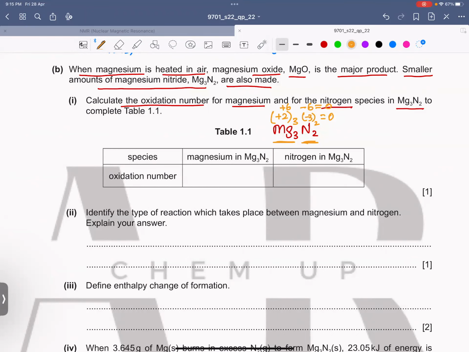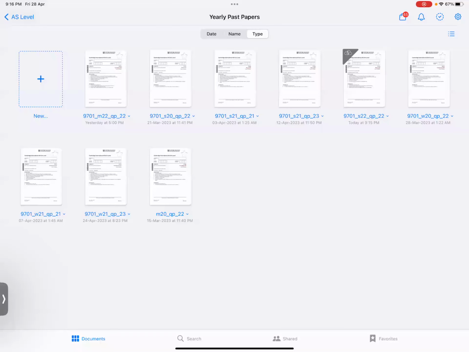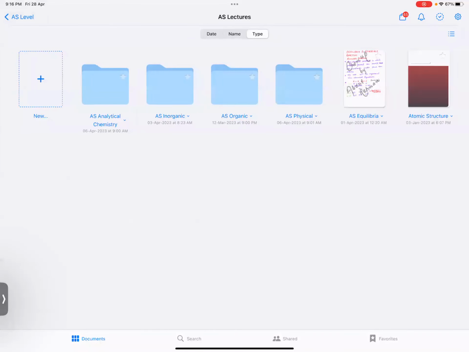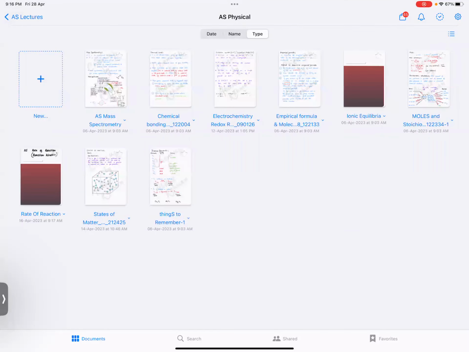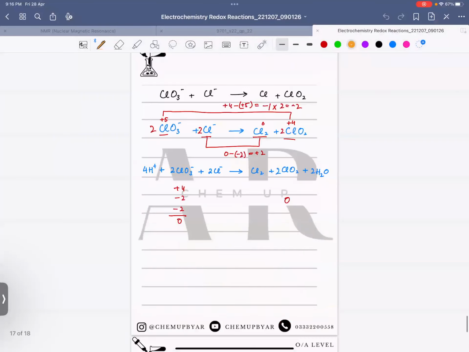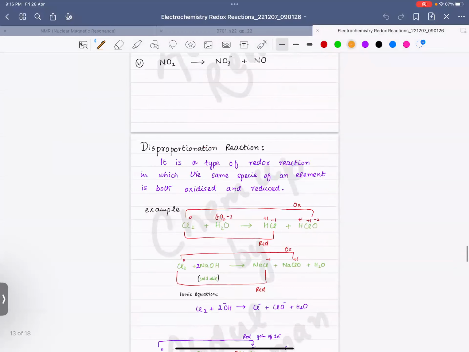Yes, we always write the oxidation number of a metal first if there is a metal from group 1, group 2, or group 3. If you recall, let me show you. We have discussed this in redox, the order by which we place the oxidation numbers.